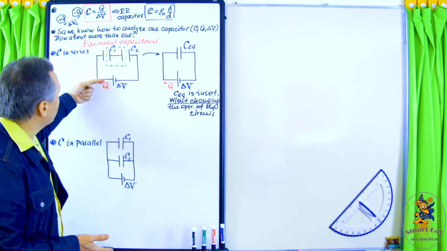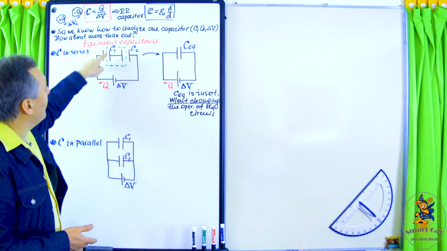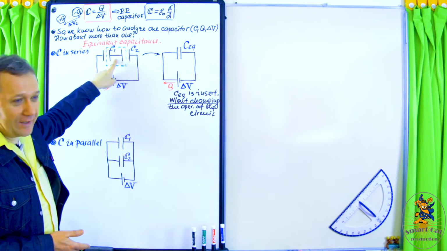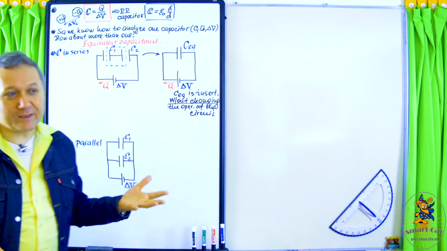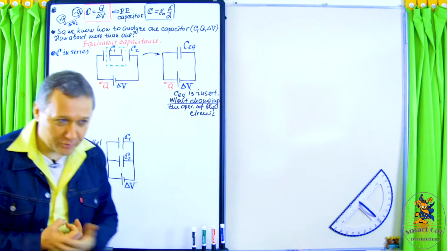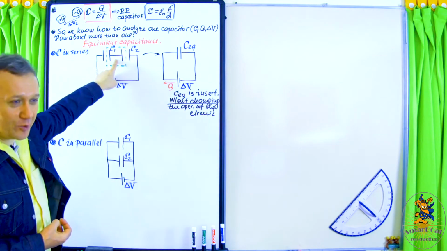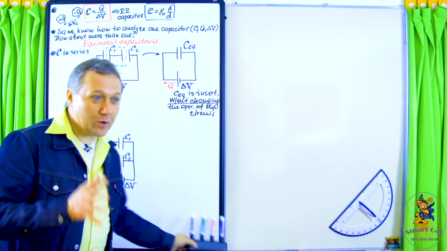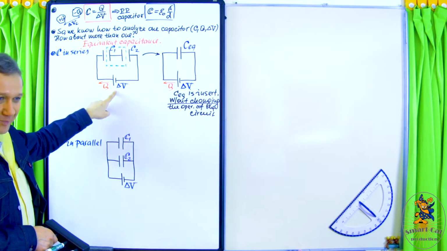But once you close the switch, of course, current will start to go through the circuit, but electrons cannot get in and cannot get out. So this piece of metal, that island, will still be electrically neutral. Now let's assume that charge Q left the battery.